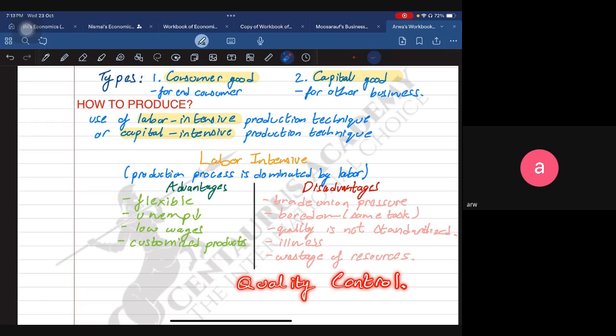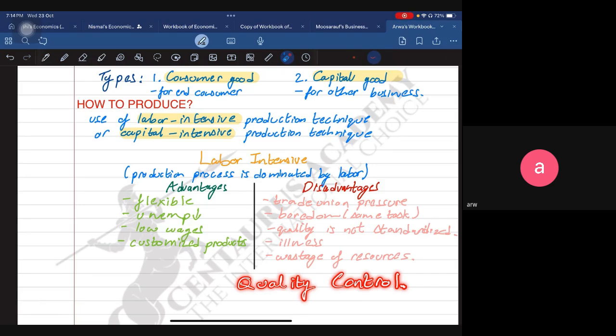And secondly, when you see a product at the end of the production line and you say that the quality is not good enough, or there is some major mistake in the product, you may send it back to modify it, but for the smaller products, you cannot modify them again.